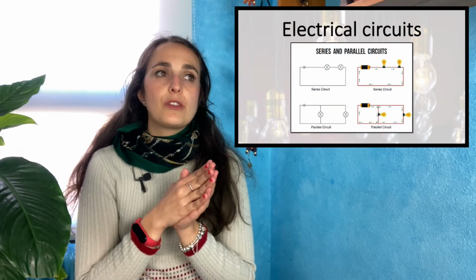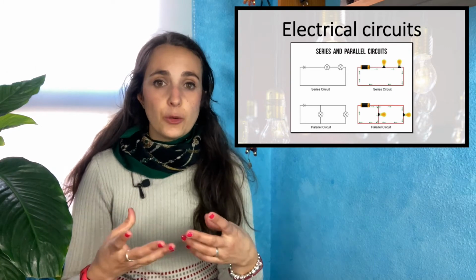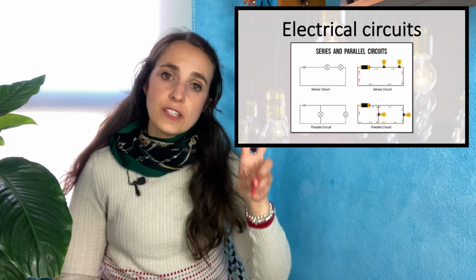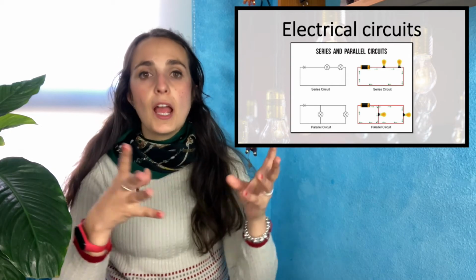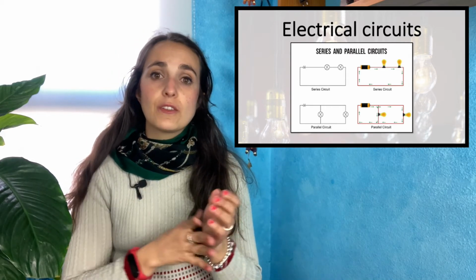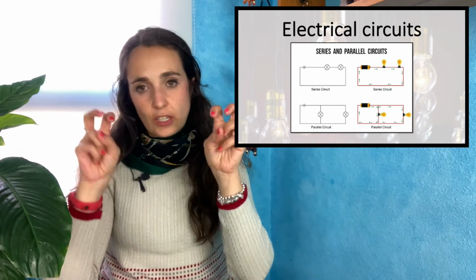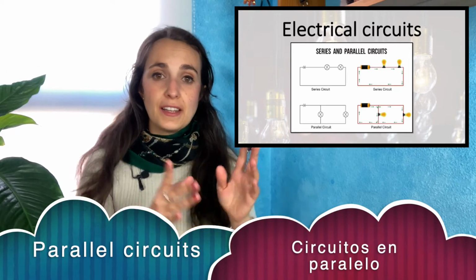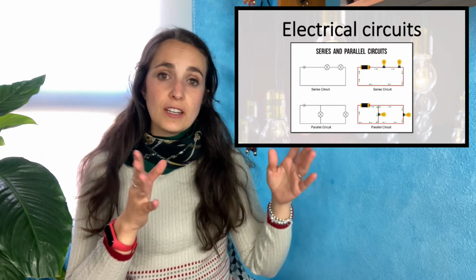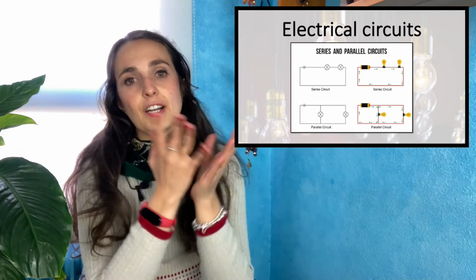So usually when we talk about electric current, we are thinking about circuits, and we have two main types of circuits depending on the connection between components, okay? We have series circuits when all components are in the same wire, just like one line, and parallel circuits when components are in different wires, in different lines, and all these lines are parallel.